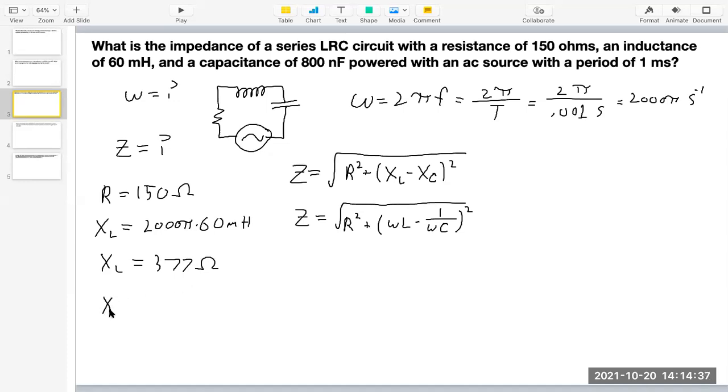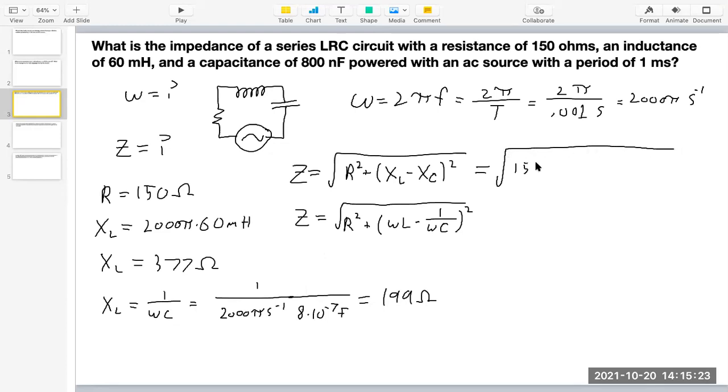And our capacitive reactance is the inverse of our angular frequency times our capacitance, and that was approximately 199 ohms. And this works out to be around 233 ohms.